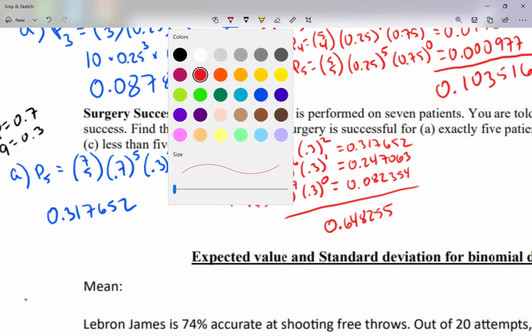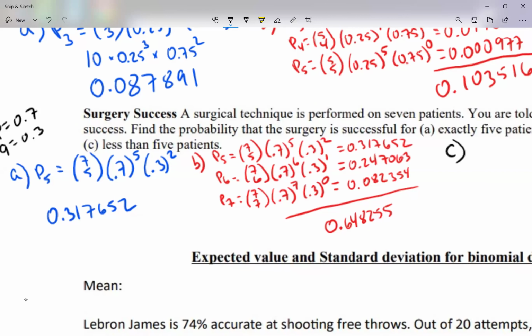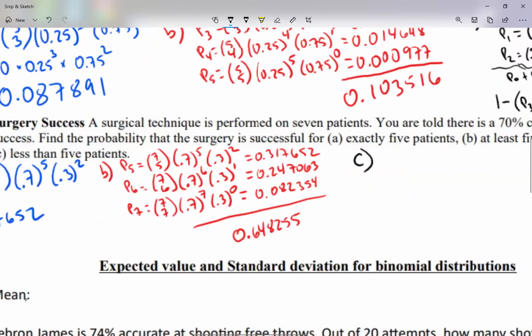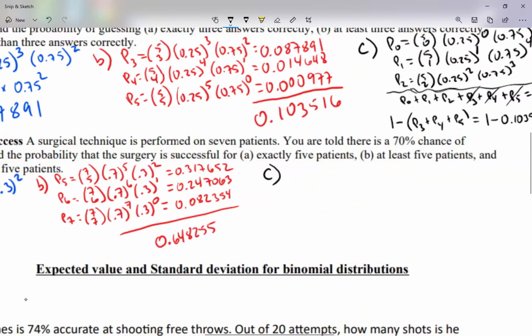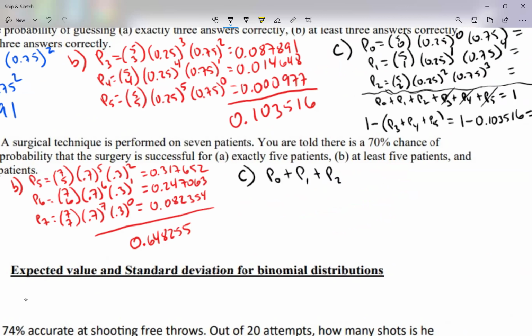Let's take a look at part C. Less than 5 patients. Okay, so I can do this 2 different ways, right? Less than 5 patients. I can find the probability of 0 patients, plus the probability of 1 patient, plus the probability of 2 patients, plus the probability of 3 patients, plus the probability of 4 patients. Add them up, and that's my answer.